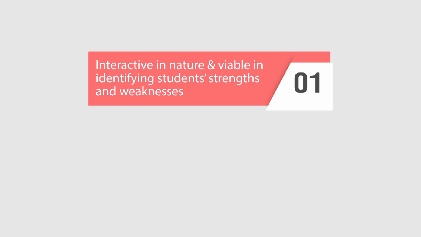Then a good teaching model should be viable in identifying students' strengths and weaknesses. That means such prescriptive strategies or plans must identify what students have achieved and where they are lacking or have not achieved the learning objectives.